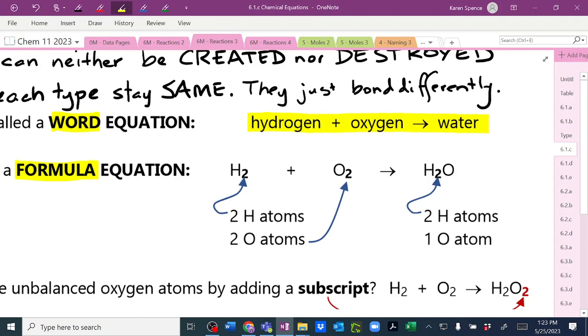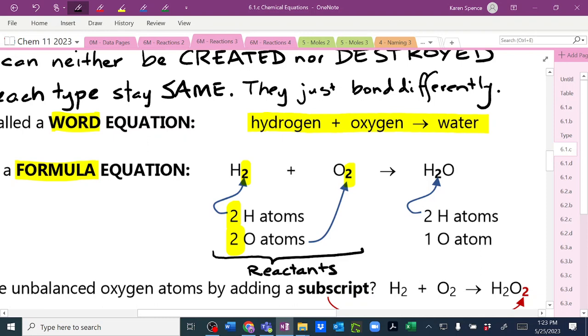Now, right now, we have 2 hydrogen atoms. We have 2 oxygen atoms on the, what do we call those things that are on the left-hand side? These are the reactants. So we have 2 hydrogens and 2 oxygens in the reactants.